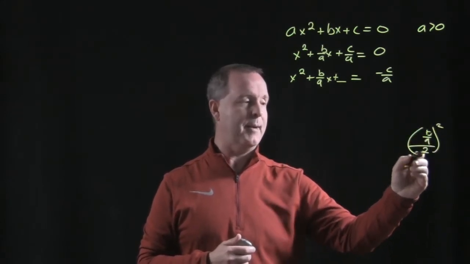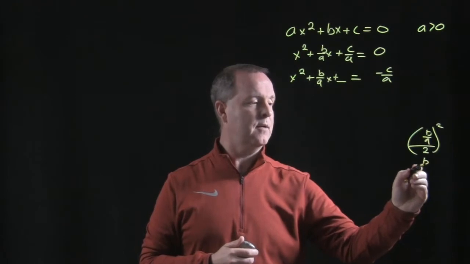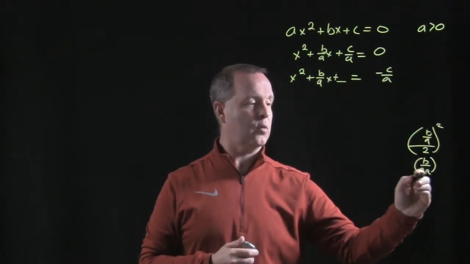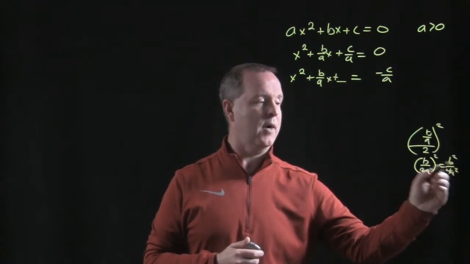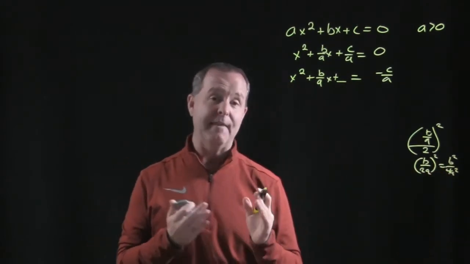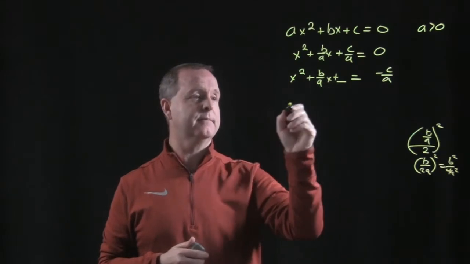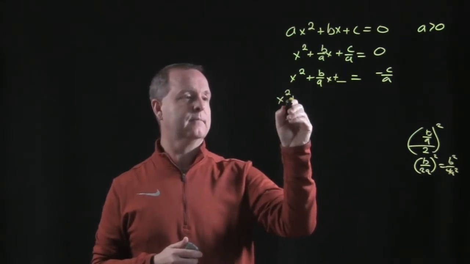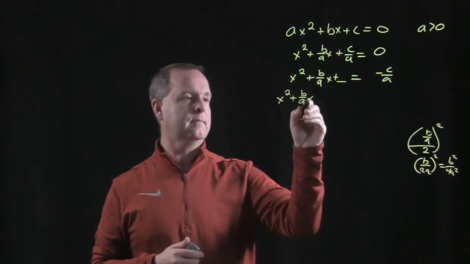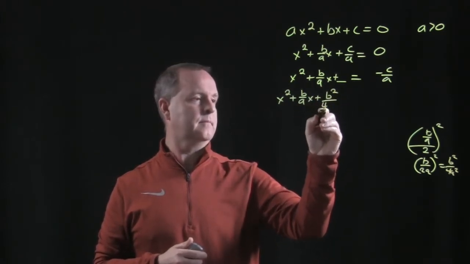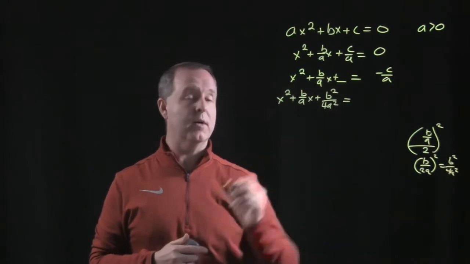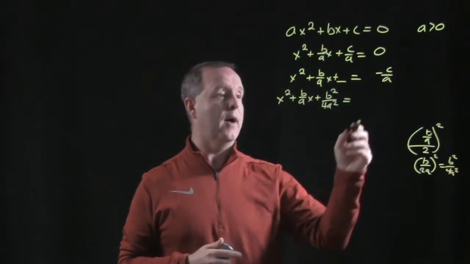So the middle term b over a, divided by 2, becomes b over 2a. Square that, and it becomes b squared over 4a squared. So I'm going to add that to my left side. In order to do that, I need to add it to the other side as well.